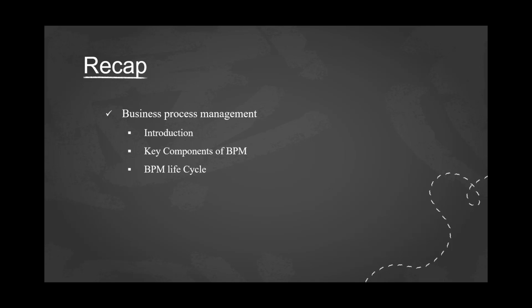We also explored the business process management life cycle. We listed major processes involved in the business process management life cycle, that are strategize, plan, monitor, and adjust.